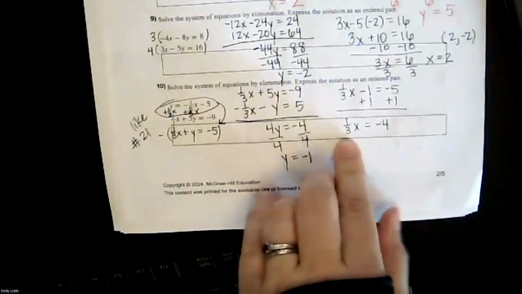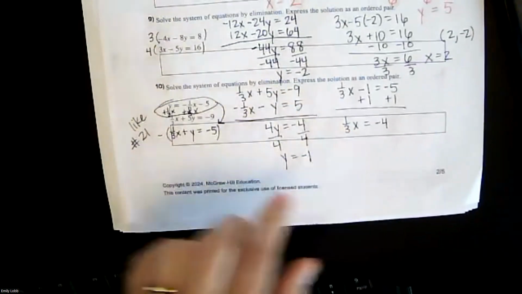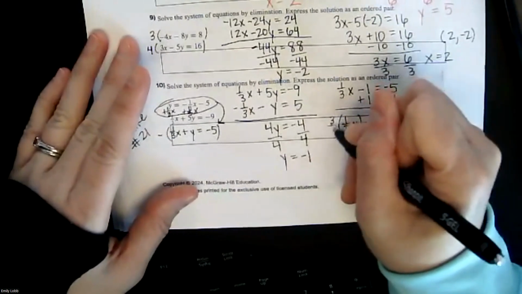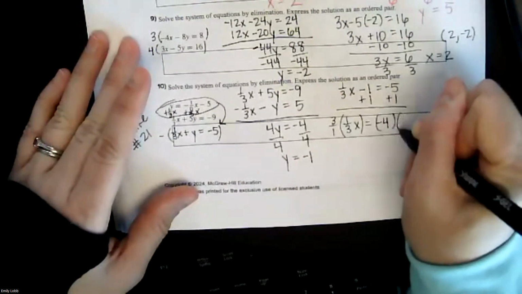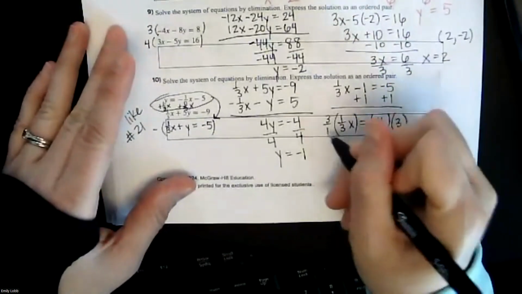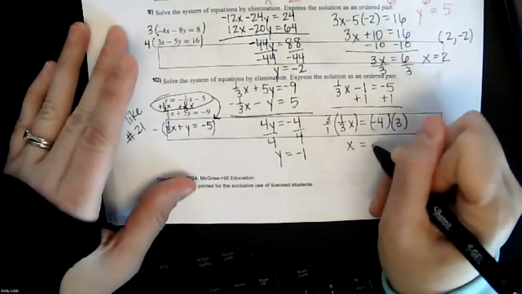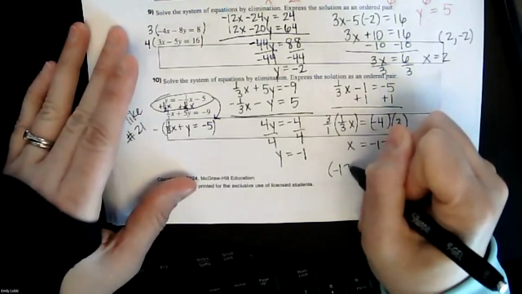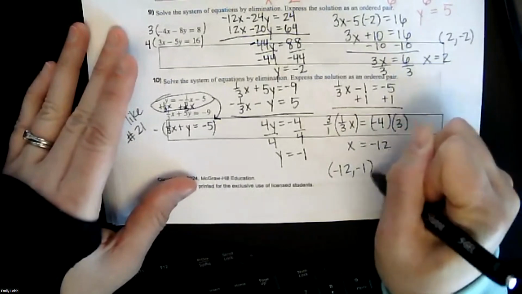Remember, to turn this fraction to 1, we have to multiply it by its reciprocal. So we're really multiplying both sides by 3. Right? This becomes 1x. This becomes -12. So this is the point, -12, -1.